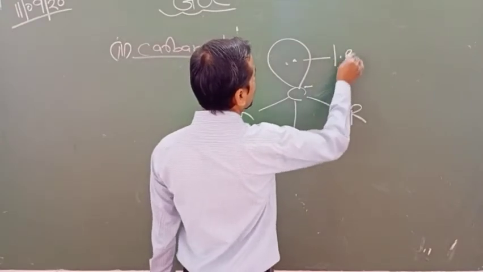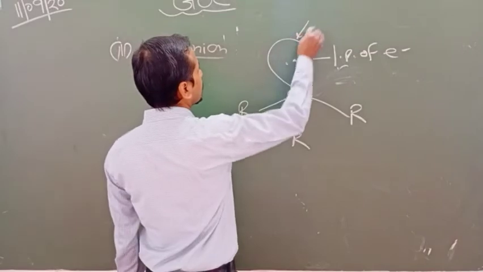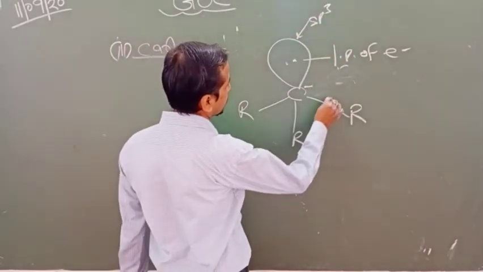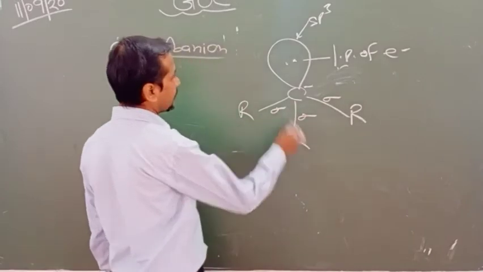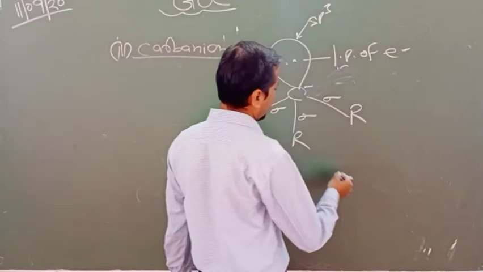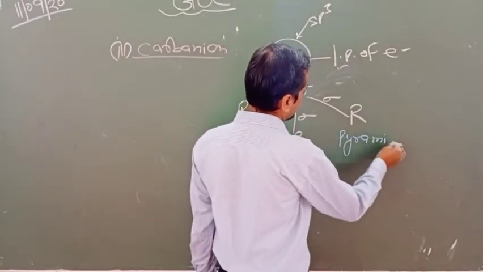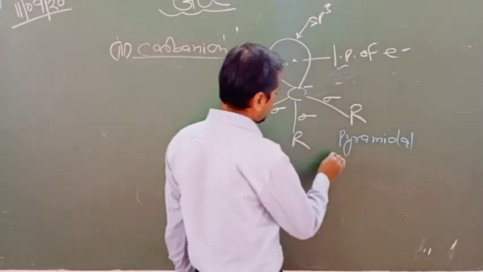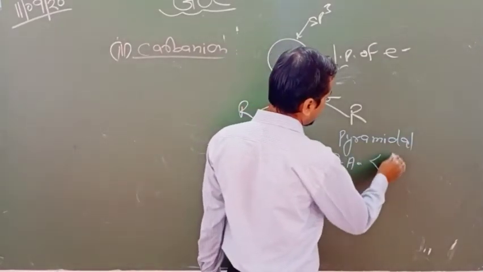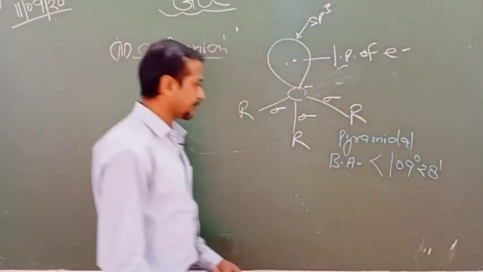Here it shows the lone pair of electrons. These are sp3 hybridized carbon orbitals, sigma bond, sigma bond, sigma bond. So now the shape is pyramidal, and the bond angle is less than 109 degree 28 minutes.